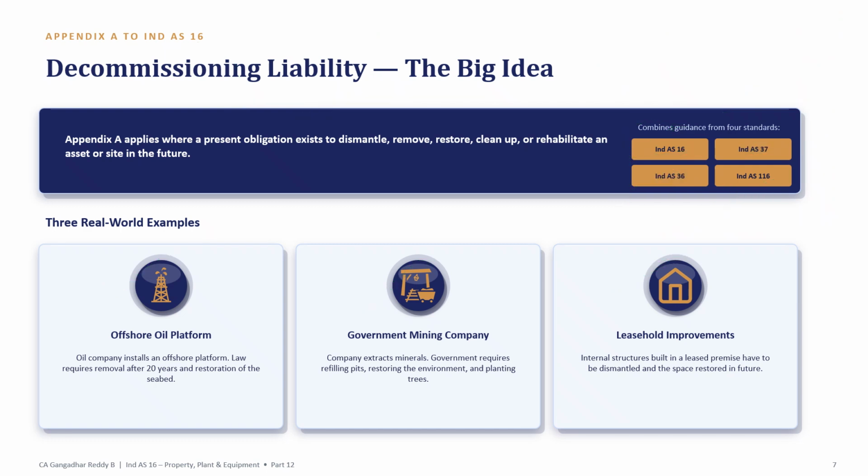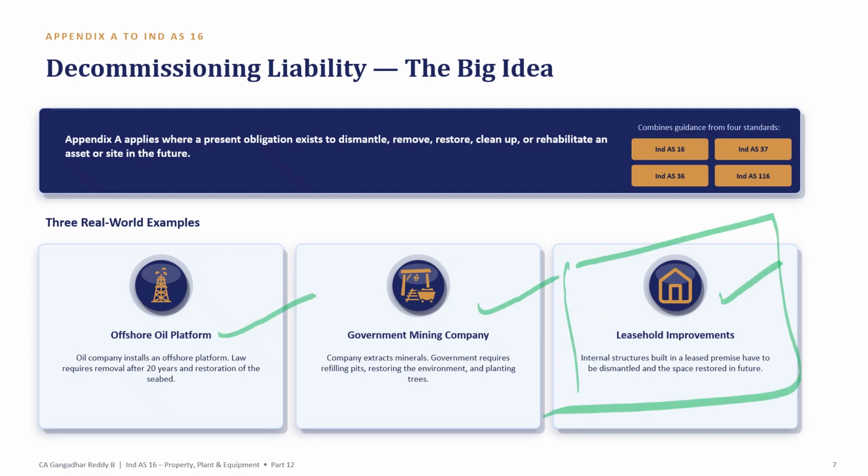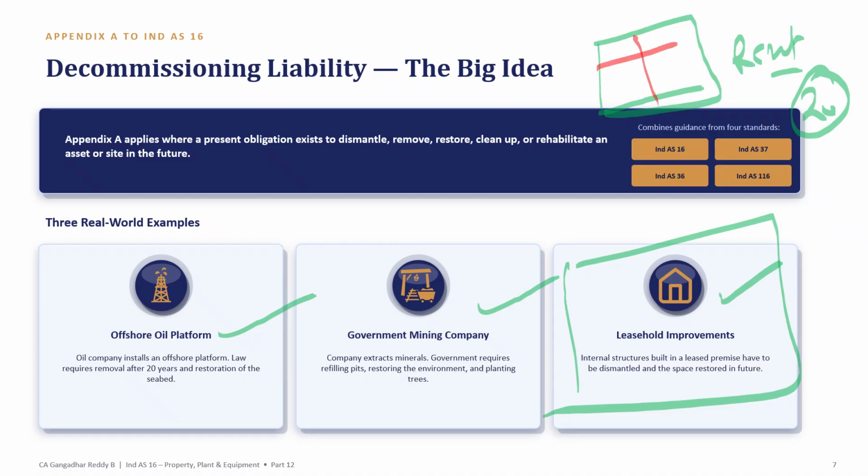In the previous class we already discussed these examples; I'm just revising this. The lease improvements we have also included here. Say you have taken a newly constructed building for rent for 20 years. Later you divided it into cabins according to your business structure.